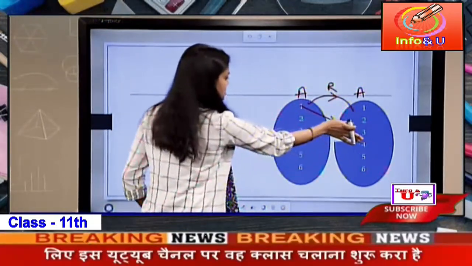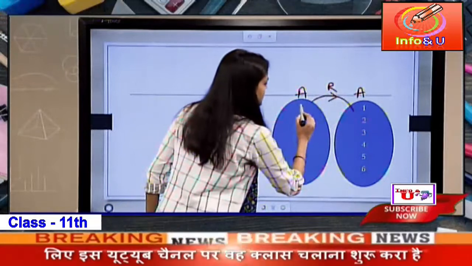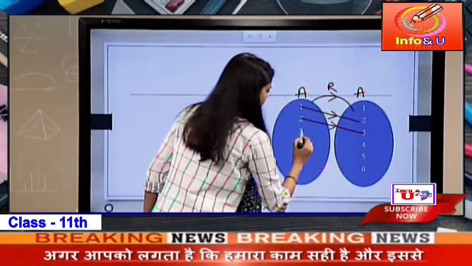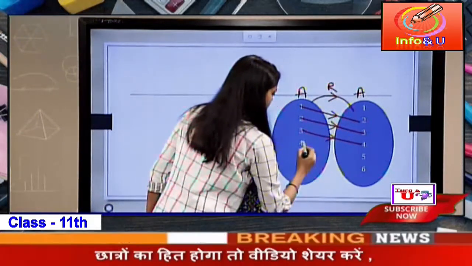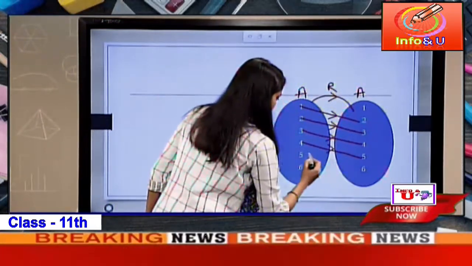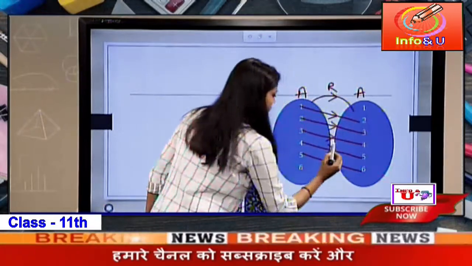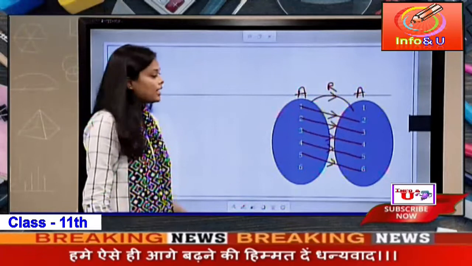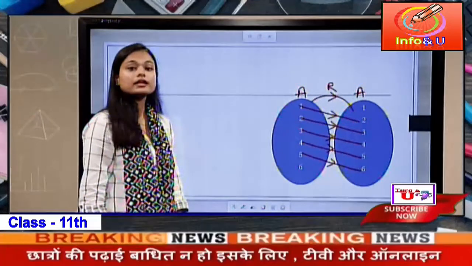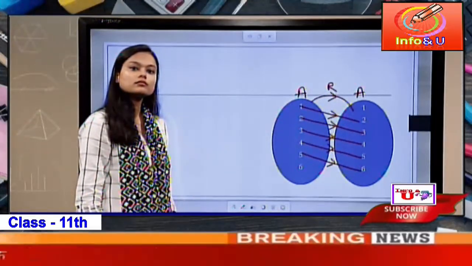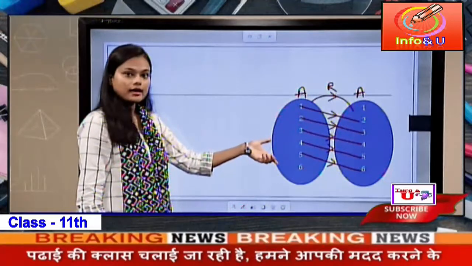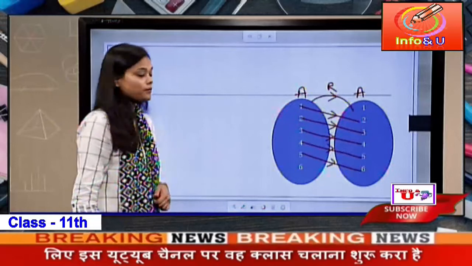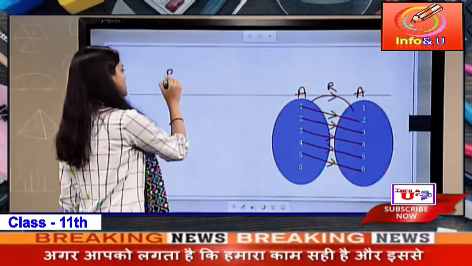Suppose I represent it like this. Okay. Now, can you write the relation in set builder form by understanding this arrow diagram? Yes, you can. How? See this case.